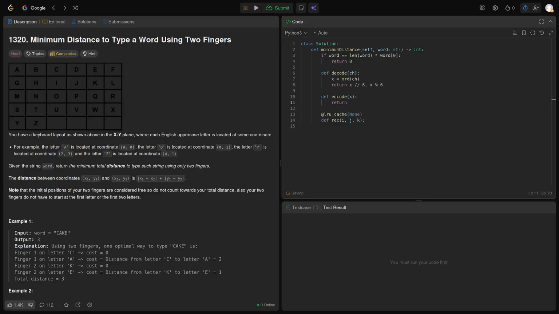And then how we encode a pair is, we got these two, i, j, and then we return i times 6 plus j.